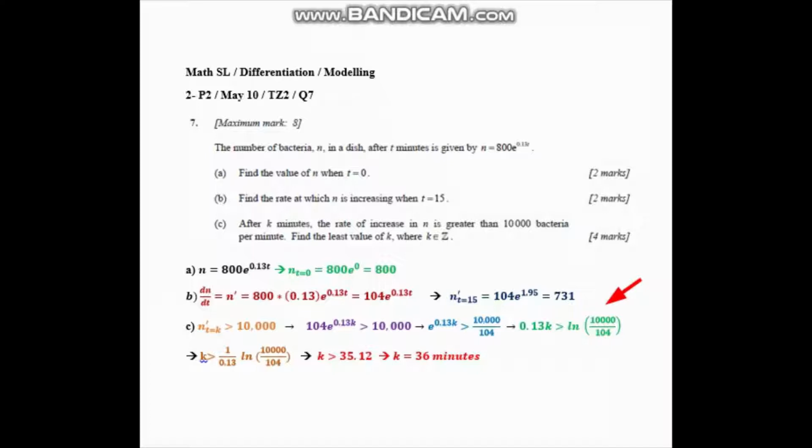Next, I shall divide by 0.13 on both sides, and evaluating this on the GDC, I get that k is greater than 35.12. Hence, the least value of k, where k belongs to Z, meaning that k is an integer, is k equals 36 minutes.